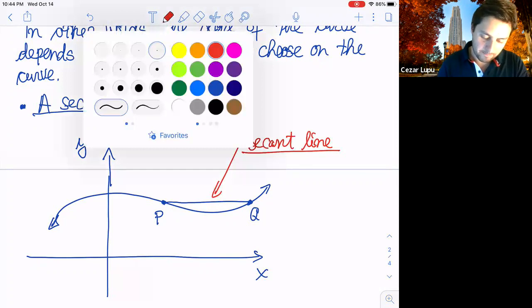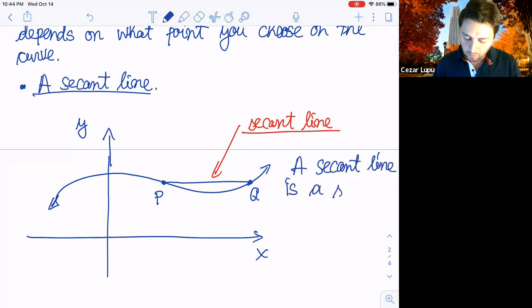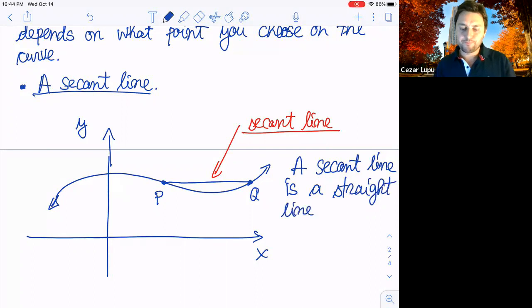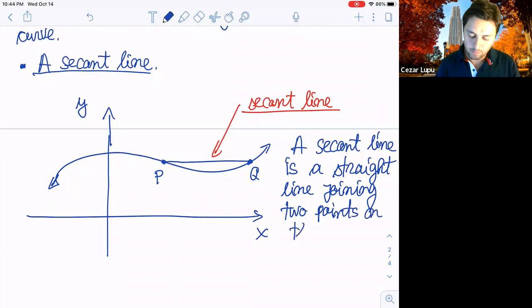So let's write it. A secant line is a straight line joining two points on the curve. That's what we know about the secant line, as you can see in the picture.